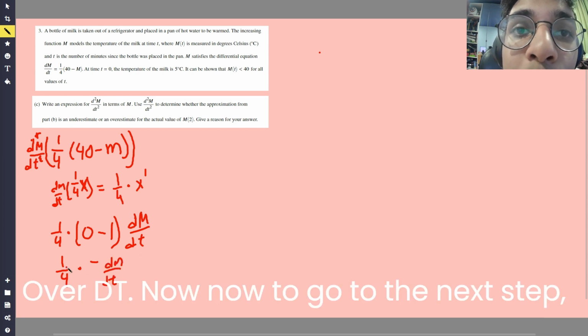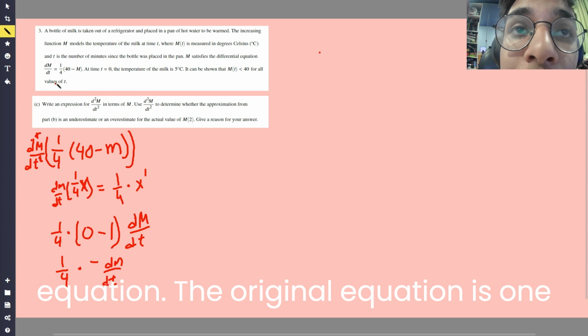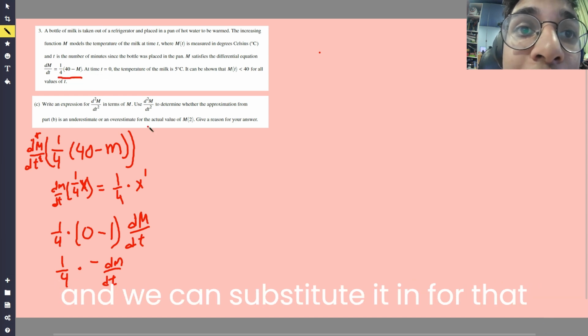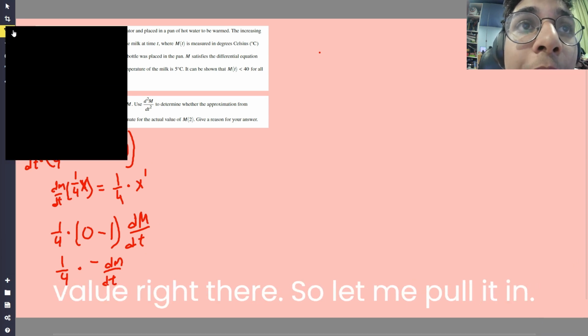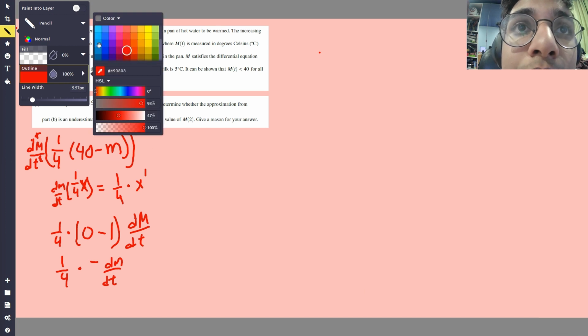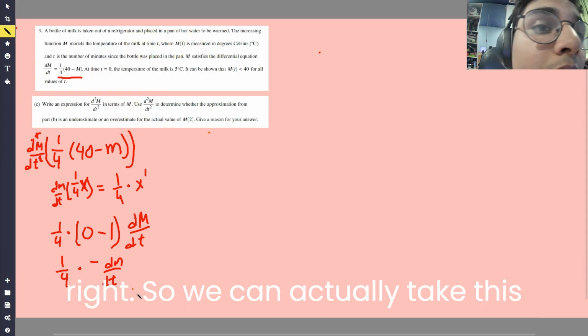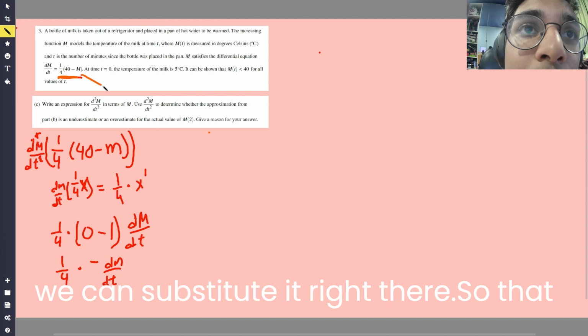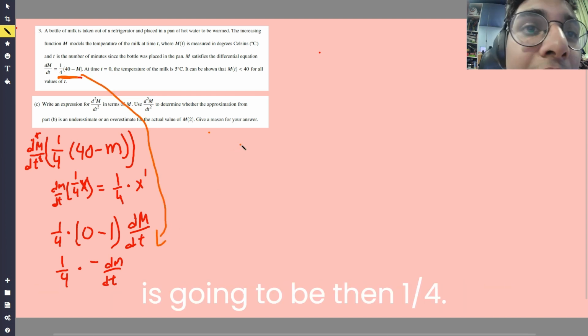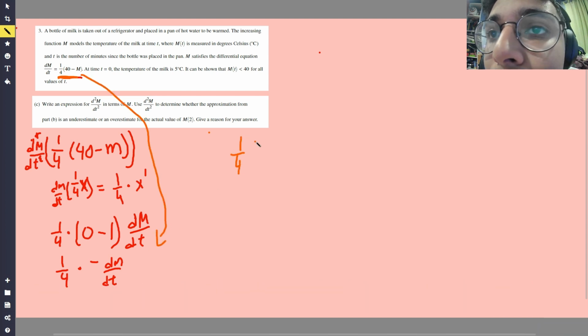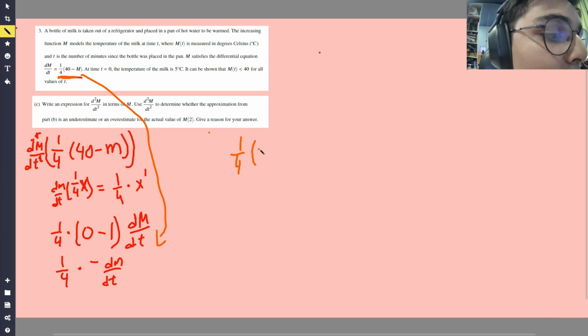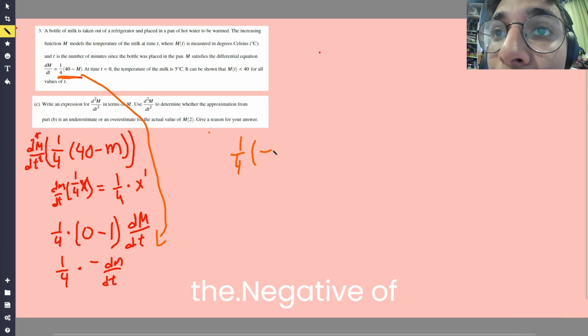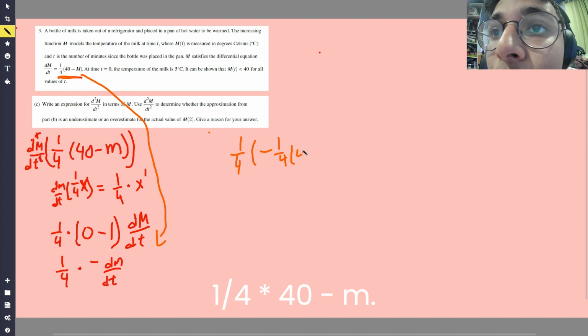Now, to go to the next step, we can pull the original equation. The original equation is dm over dt equals 1/4 (40 minus m). We can substitute it in for that value right there. So that's going to be 1/4 times the negative of 1/4 times (40 minus m).